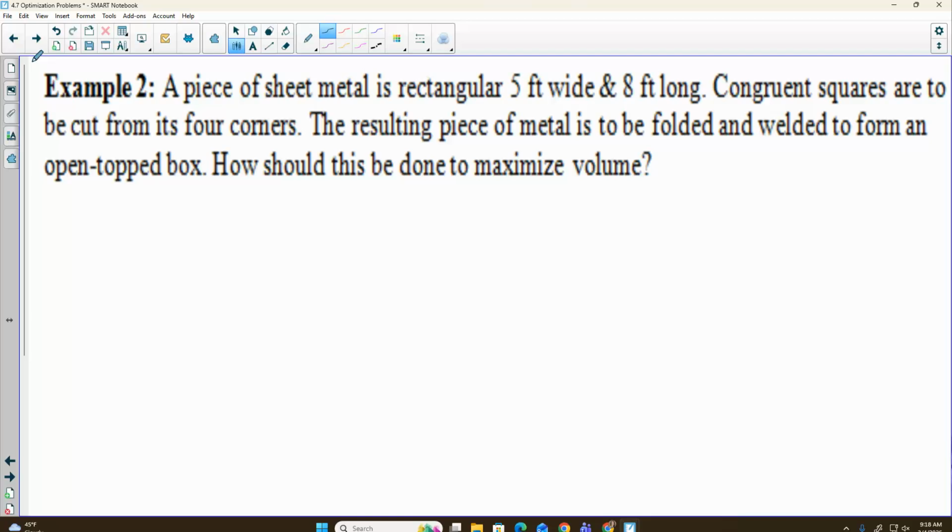So a piece of metal is rectangular, 5 feet wide and 8 feet long. Congruent squares are to be cut from its 4 corners. So congruent means they're all the same. I'm going to cut squares out.